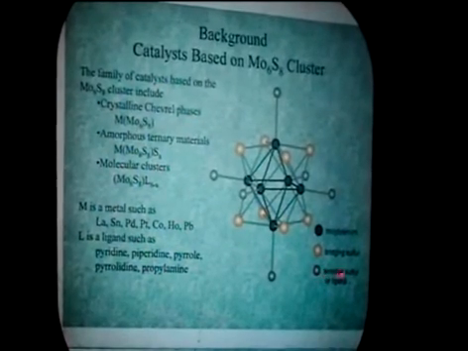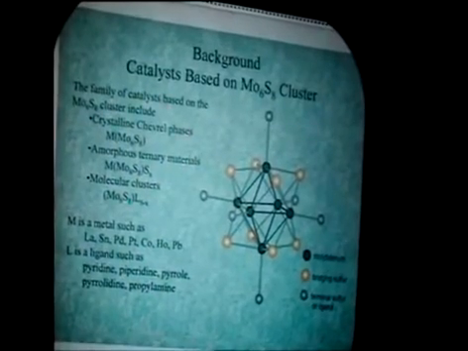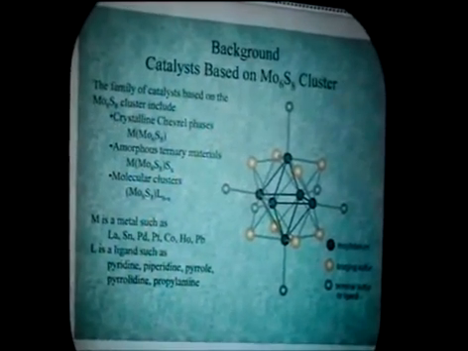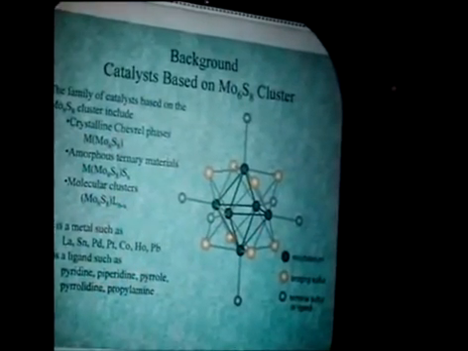We also have terminal sulfur, or in the case of molecular clusters, where these compounds can be made as single molecules and crystallized and isolated, a ligand such as pyridine, piperidine, etc. Usually it's a nitrogen-containing or basic ligand that is joined to the faces of the cube.